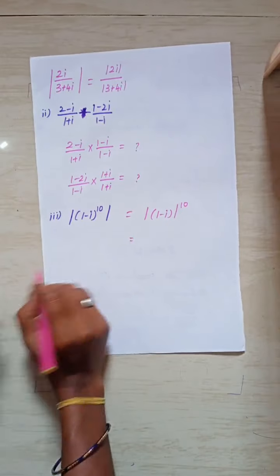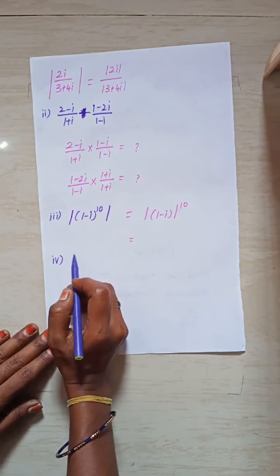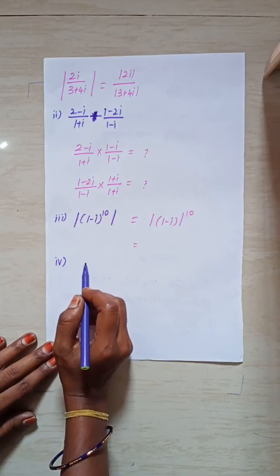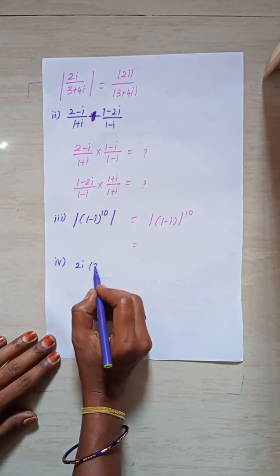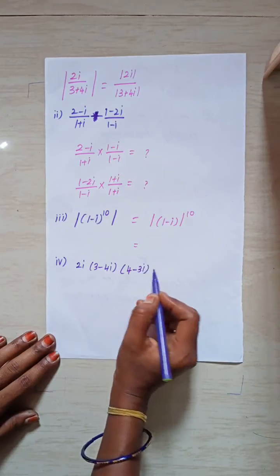And then the fourth sum is 2i into 3 minus 4i into 4 minus 3i.